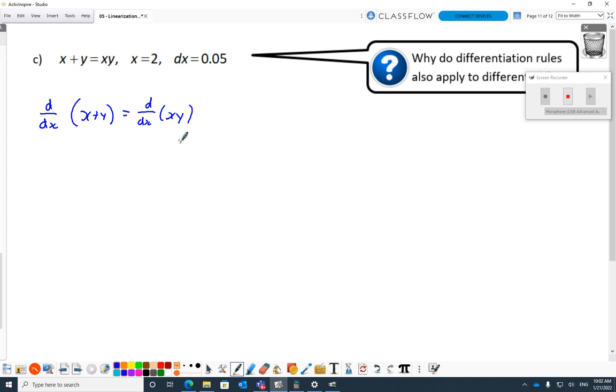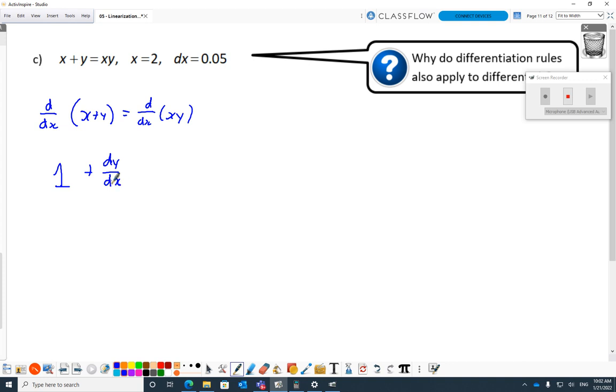Reminding myself that x is the important variable here. It's the independent variable in this question. So when I run into x, its derivative is 1. That's fine. That's still the same rule when you're taking the derivative with respect to x. When you run into y, you write dy dx, because that's the derivative we don't know.